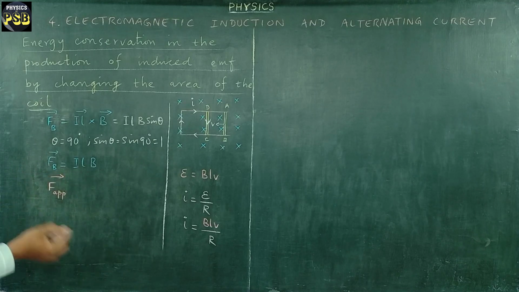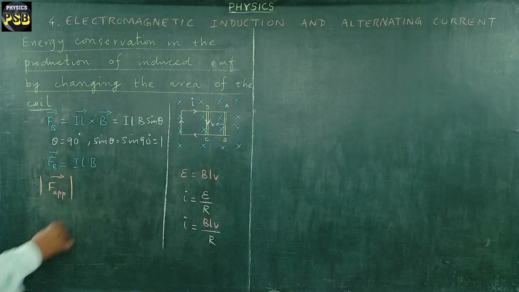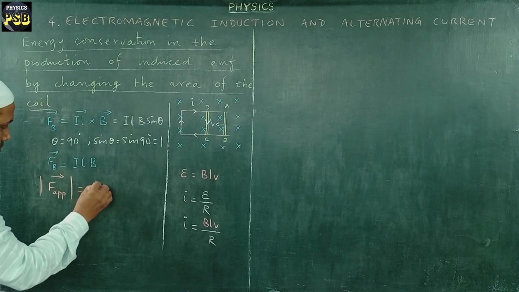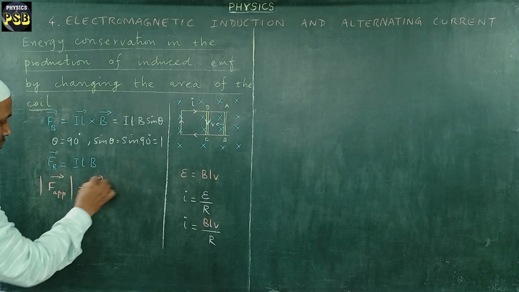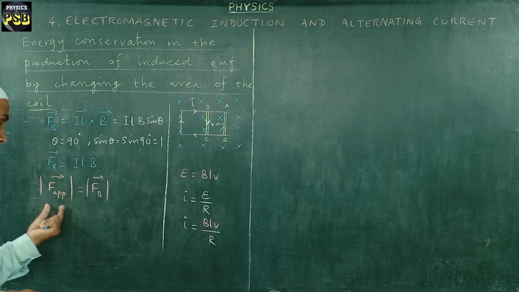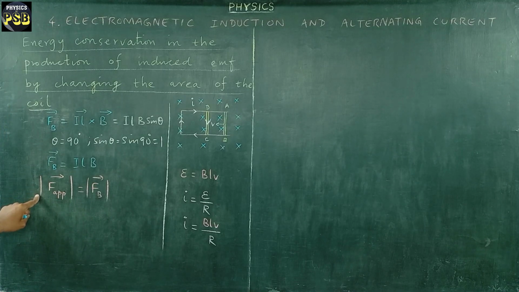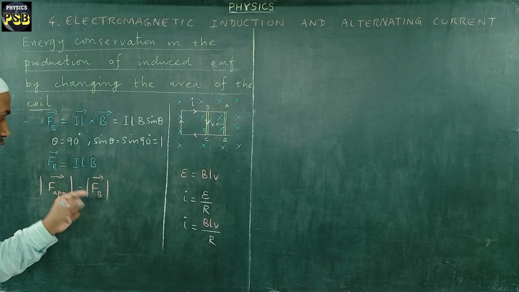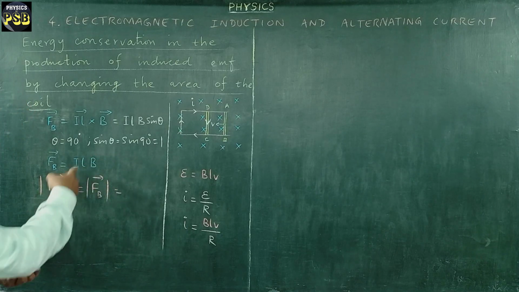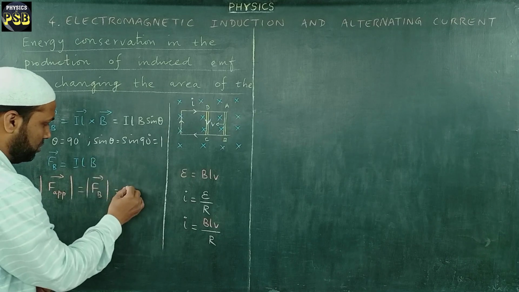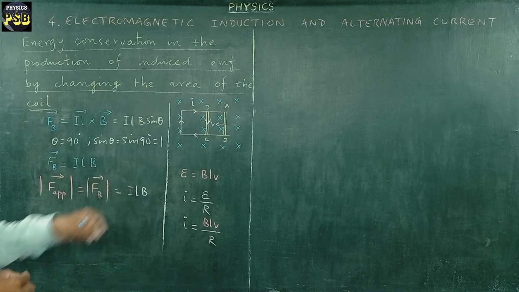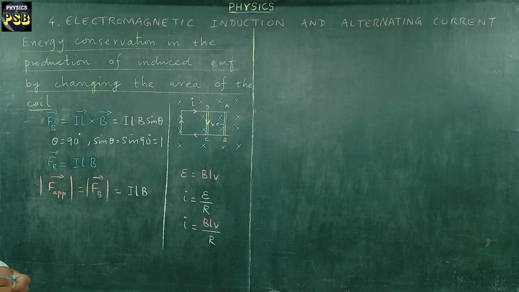As I told you, this applied force is equal and opposite to the magnetic force. So the magnitude of the applied force is equal to the magnitude of the magnetic force, which is ILB. Clear? This is what we have done here.